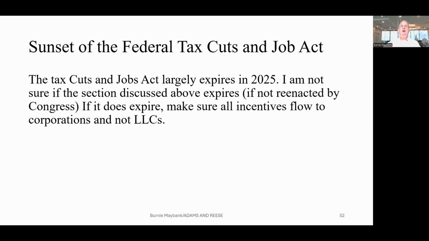The bill is so large, I wasn't able to quickly discover whether or not it will expire in 2025. Congress is so dysfunctional, it almost seems a certainty that some of the Jobs Tax Act is going to expire, but not all of it. So if that particular provision does expire, make sure all incentives flow to the corporations and not LLCs.